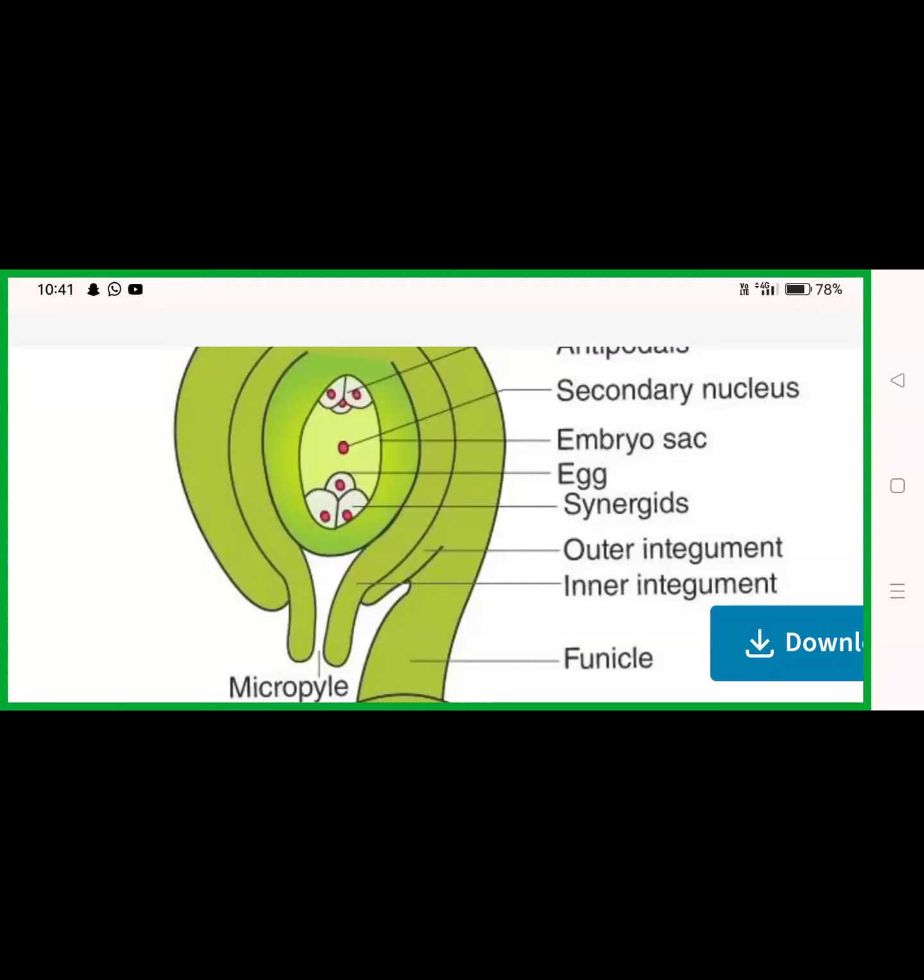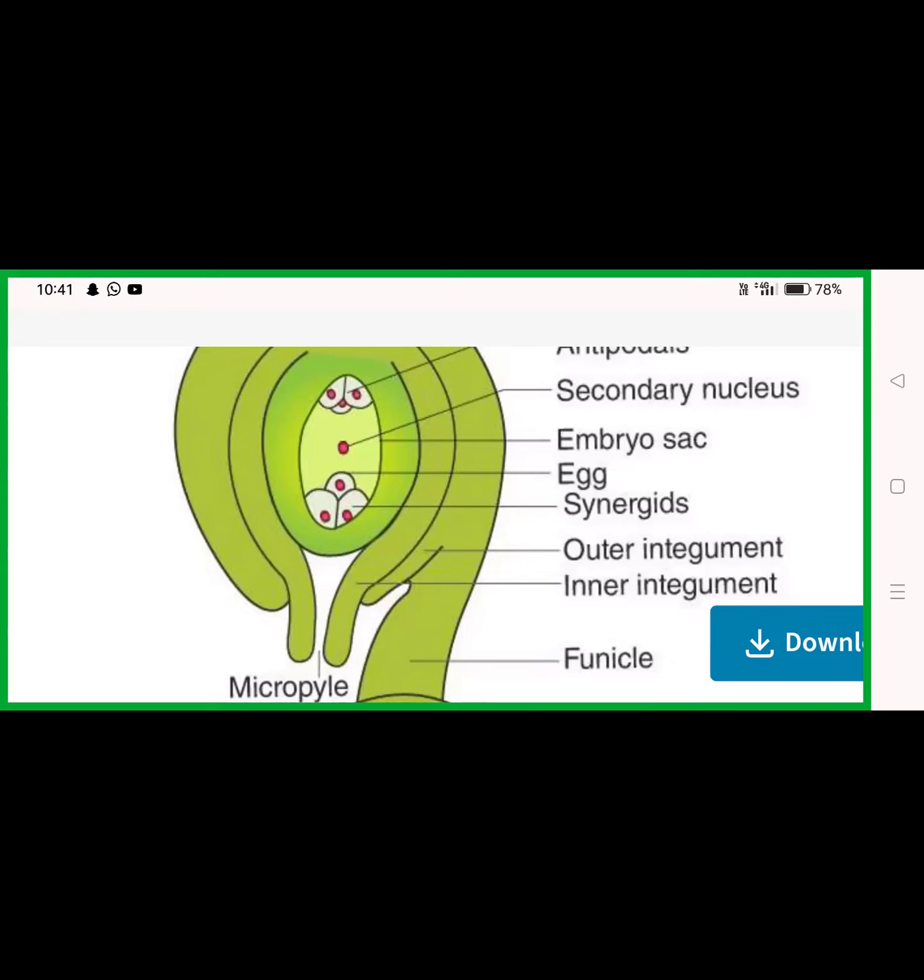One of the sperms fuses with the egg nucleus, resulting in a zygote. The other male gamete fuses with the secondary nucleus. One male gamete fused with the egg cell and formed a zygote, and this is called syngamy.